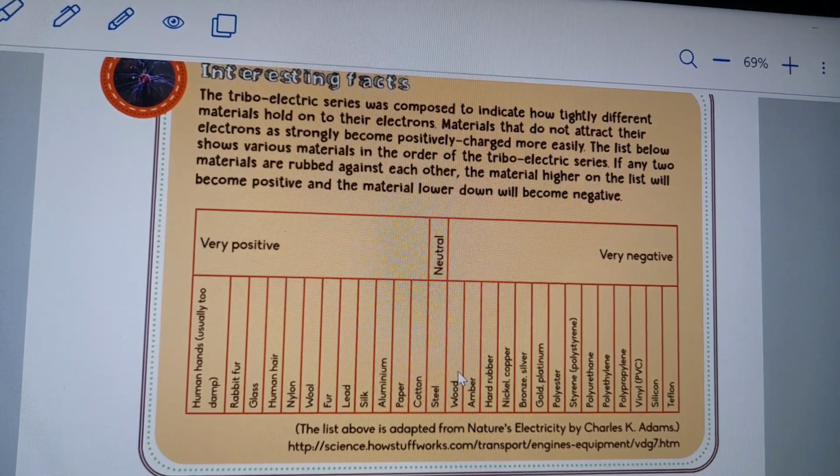And wood will gain or receive electrons. Amber, hard rubber, nickel, copper, bronze, these ones, they will gain an electron and they will be negative. These ones, they will lose electrons and they will be positive. So it is very important to know this triboelectric series.